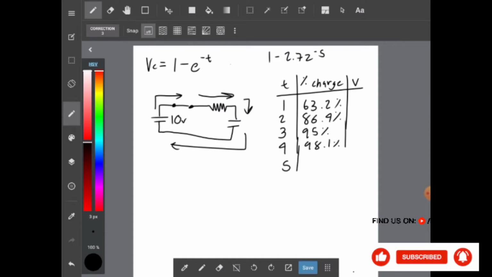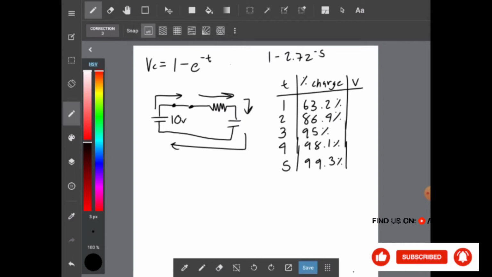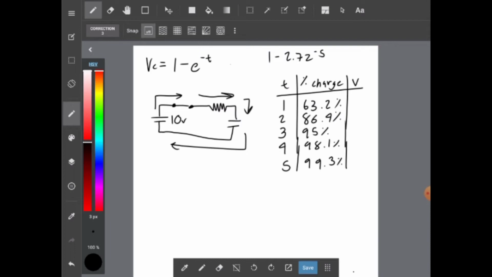Okay, so by this point, the capacitor is now fully charged, or 99%. So to get the voltage, we just have to know what is 63.2% of 10, which is 6.32 volts.